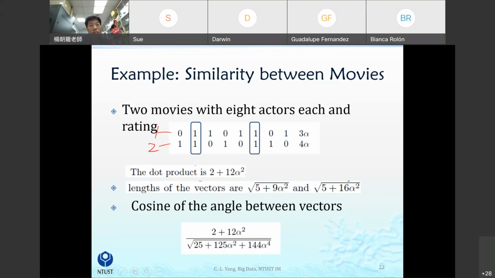For example, you like it or not: like is 1, not like is 0. You also see that maybe there's a different ratio, alpha might be a certain ratio, or a certain item indicator you can use. So here I want to make sure you understand that's movie one, that's movie two, and several people put ratings on them. I want to see if they are similar or not.